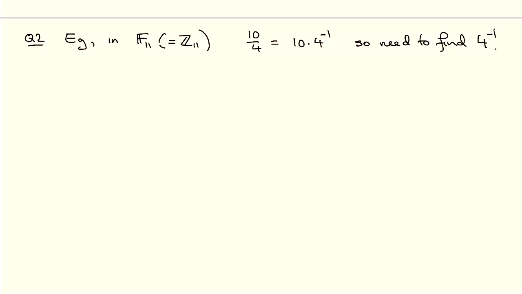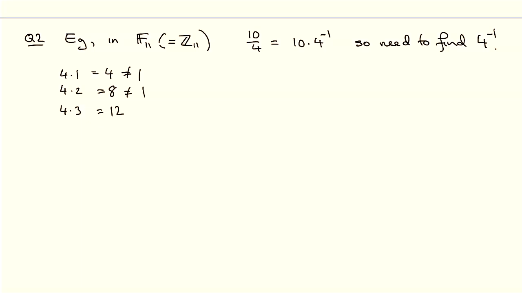Now first, for a very small field, I don't know if F11 is very small or not, but it's pretty quick normally to do this by trial and error. 4 by 1, 4 by 2, 4 by 3. I already can stop there because that's 4, okay, that's not 1. That's 8, which is not 1 in Z11.